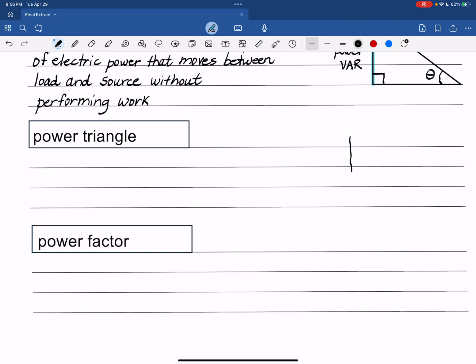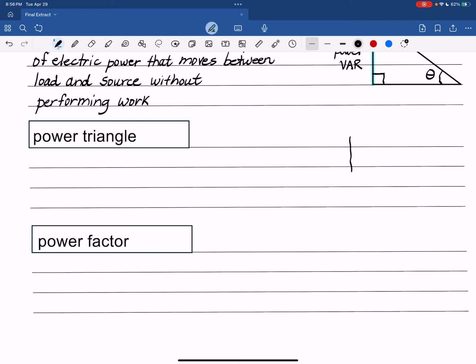Apparent, true, reactive. That thing is the power triangle. And we're going to be using that thing to solve all kinds of math problems.